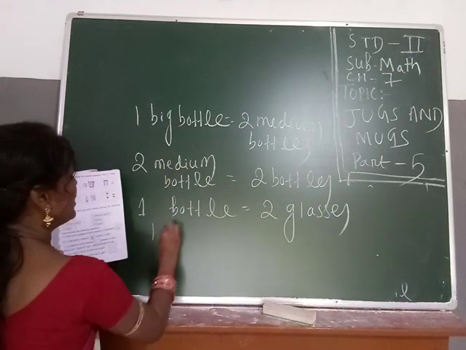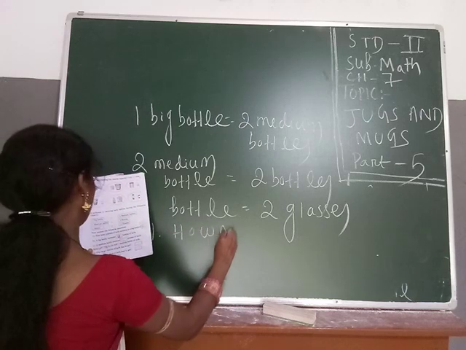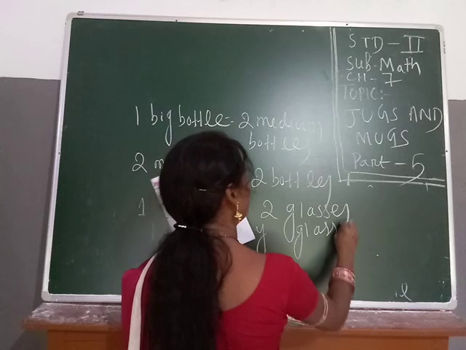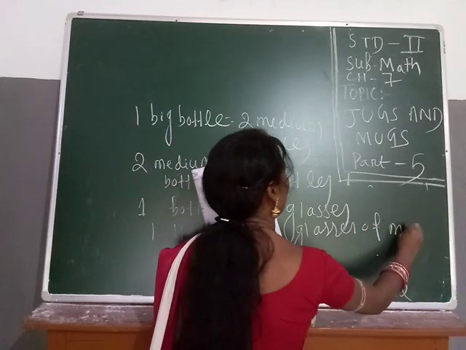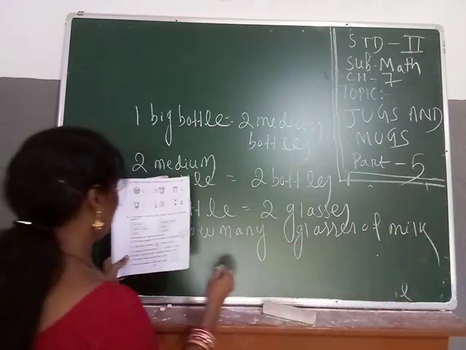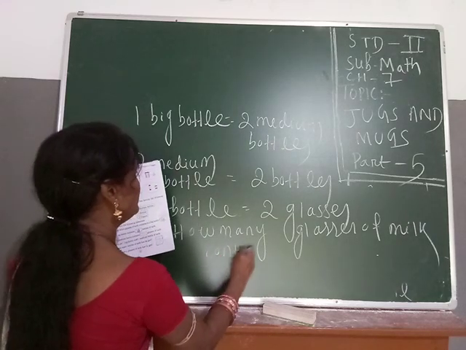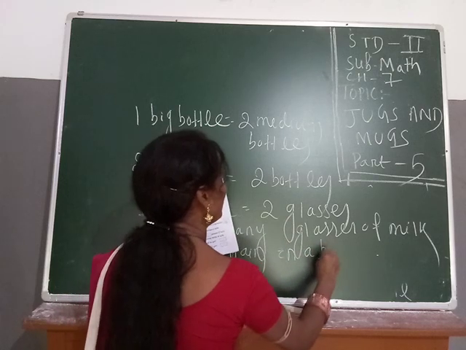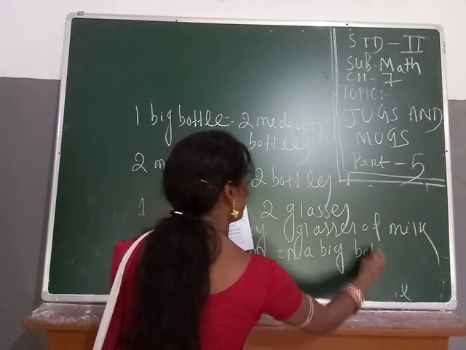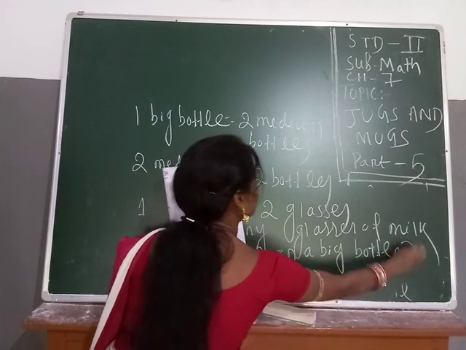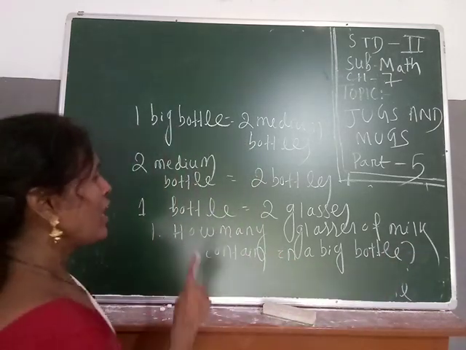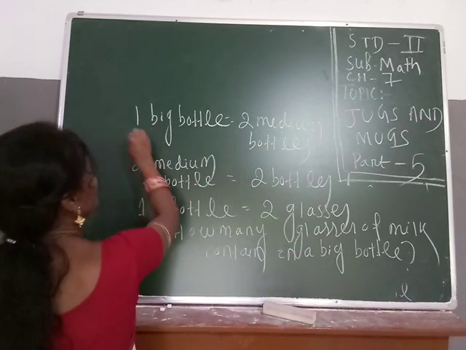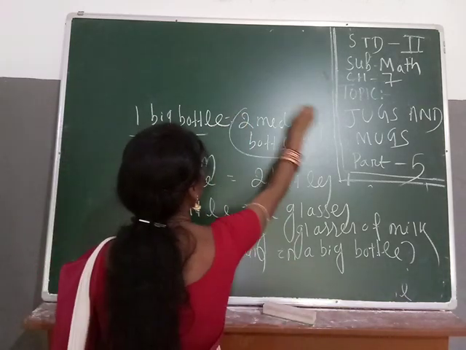Question number 1 is written: how many glasses of milk contain in a big bottle? Students, you see 1 big bottle contains 2 medium bottles.